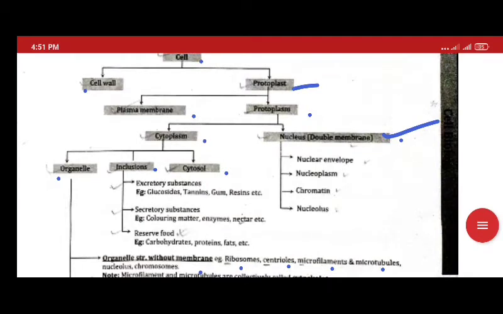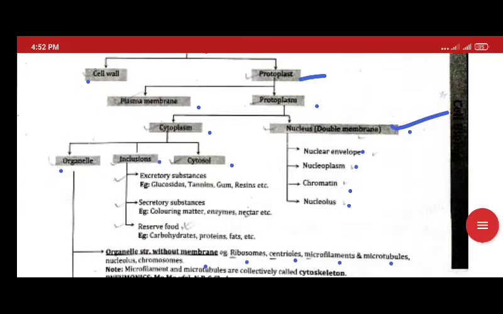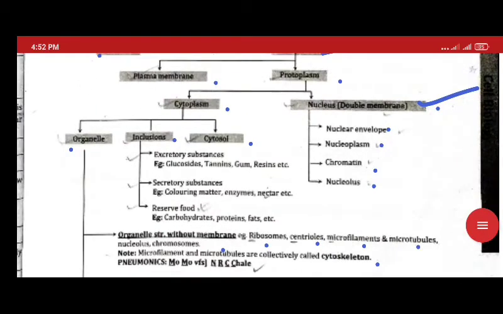And the nucleus contains nuclear envelope, nucleoplasm, chromatin and nucleolus. Now inclusions mean dead particles of the cell, that is excretory: glucosides, tannins, gum, resins. Secretory substances: coloring matter, enzymes, nectar. So reserve food is also present, that is carbohydrate, protein, fat, etc. And cytosol is also present.